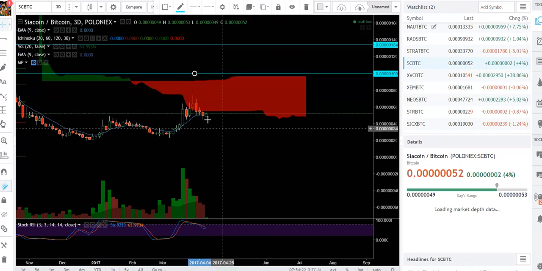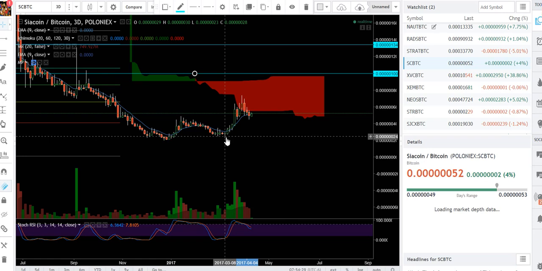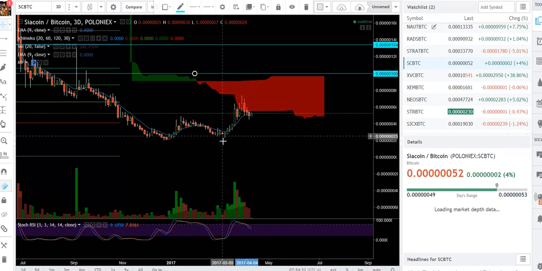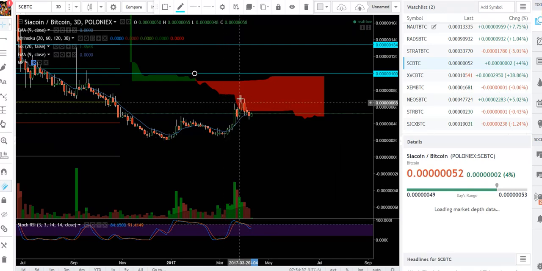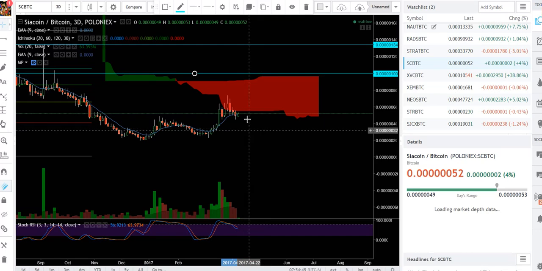And this jump between 50 and 100 is going to be hard. It was a lot easier for it to go from like 25 to 55, to 60, or it actually went to 75. It was a lot easier for it to make that 50 Satoshi jump, from 25 to 75, than it is here for it to go from 50 to 100 or 125, because here it's running into this cloud.